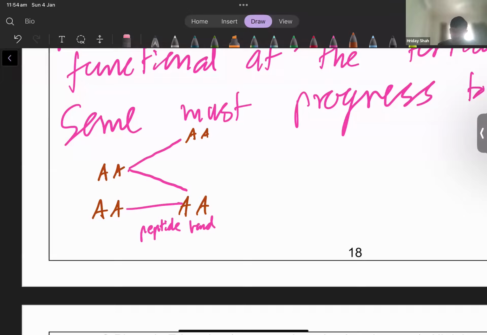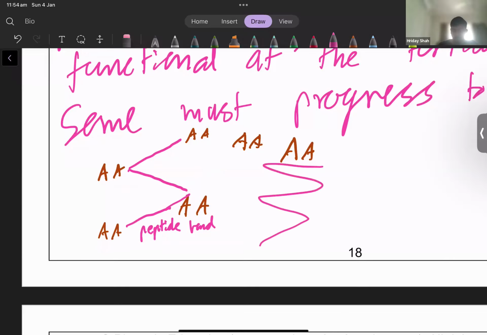But I can't go to an amino acid out here to try to form the beta-pleated sheet because that doesn't really look like a sheet anymore. In fact, this should probably be slightly down. So this is how you can get that structure.